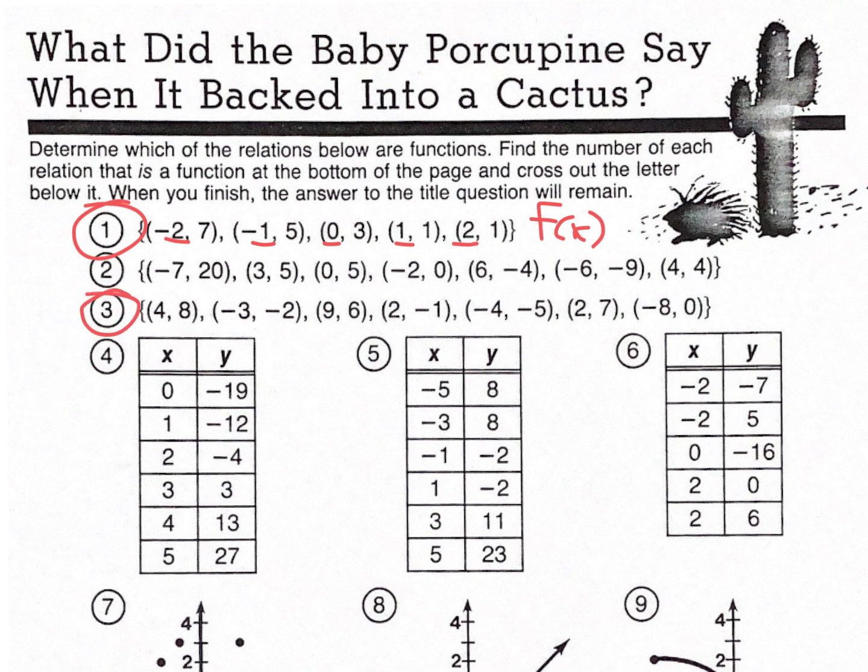Number 3. Can you guys name the spot that was inconsistent? You put in an input and you got different outputs. What was the input that gave different outputs on number 3?